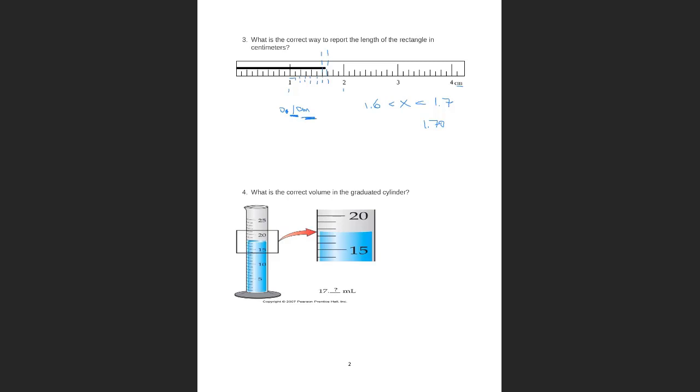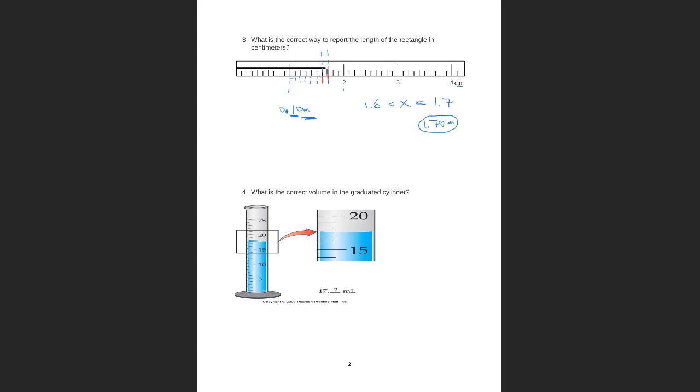So my correct amount of sig figs has to have two digits after the decimal. That's why, even if this ends exactly at 1.7, I have to say 1.70 centimeters. But in our case, it's kind of in between this and this, but closer to 1.7.